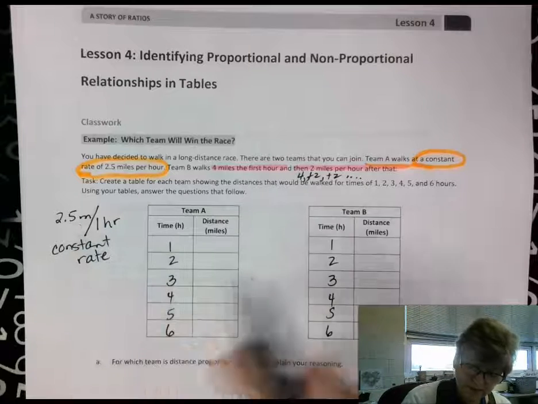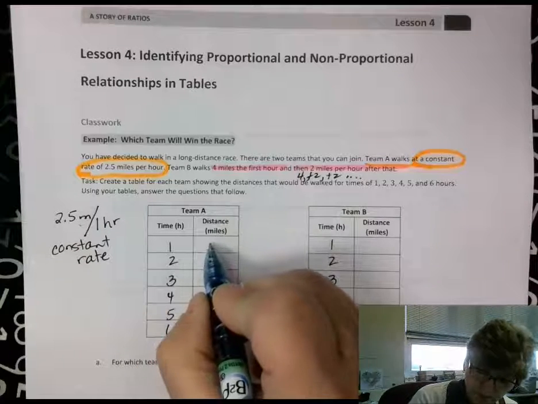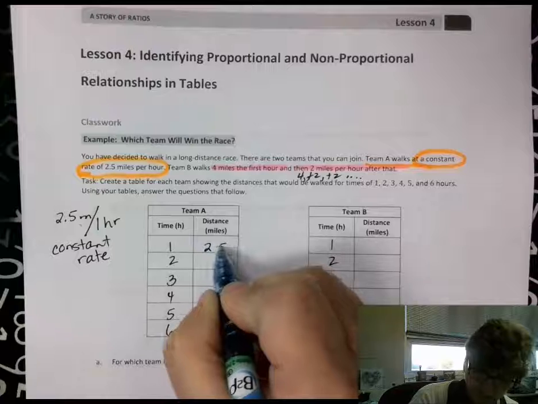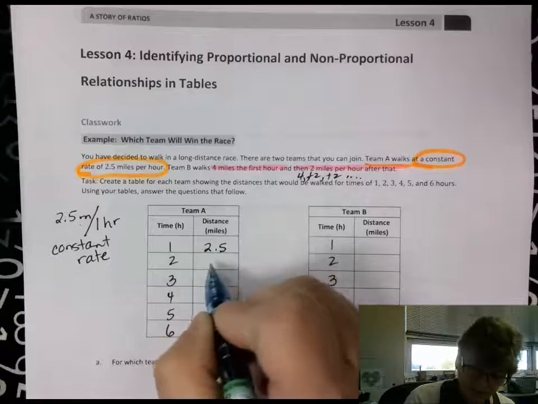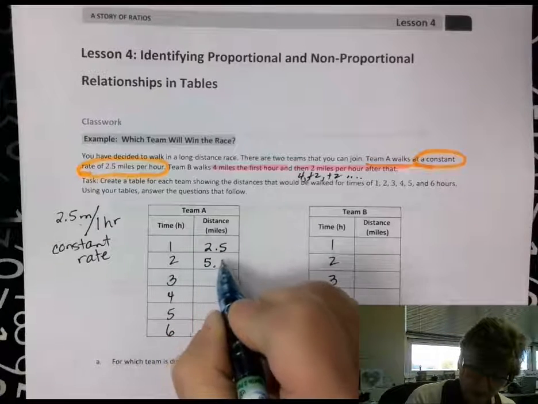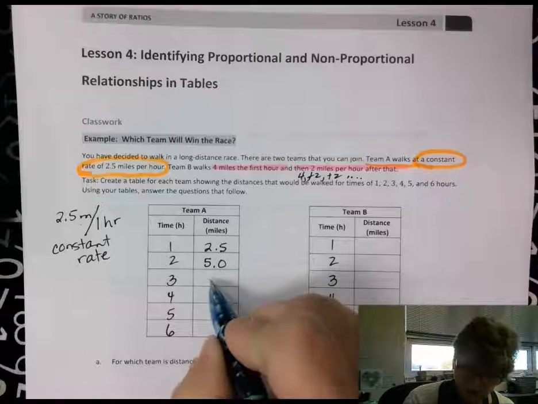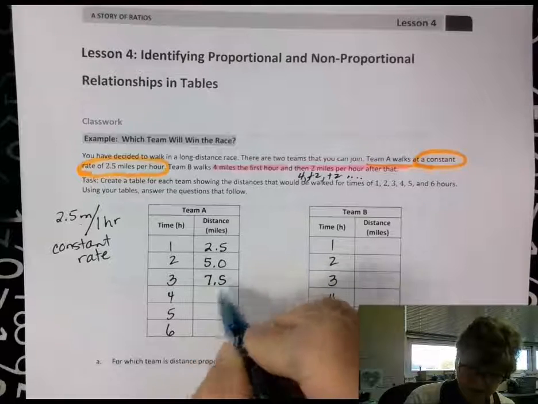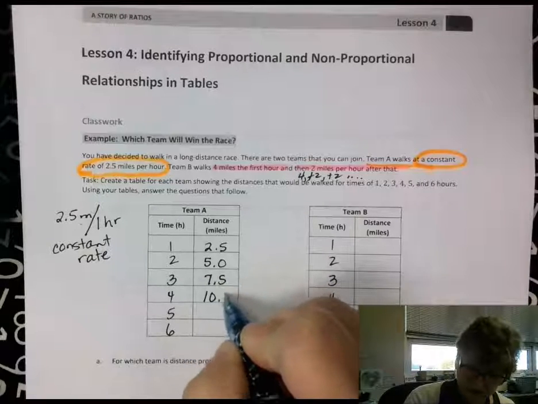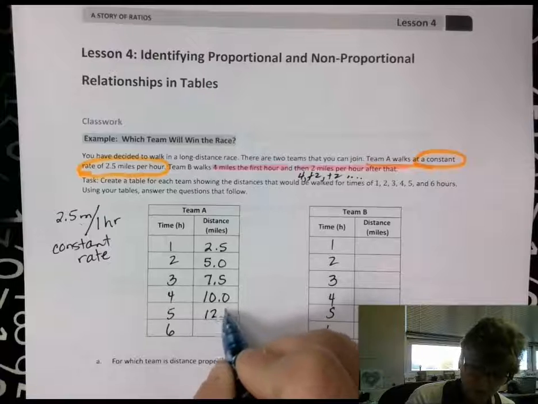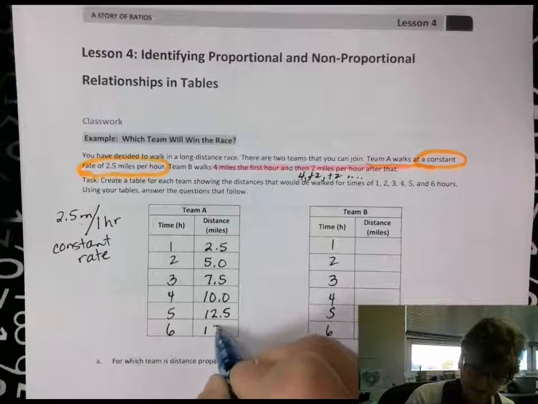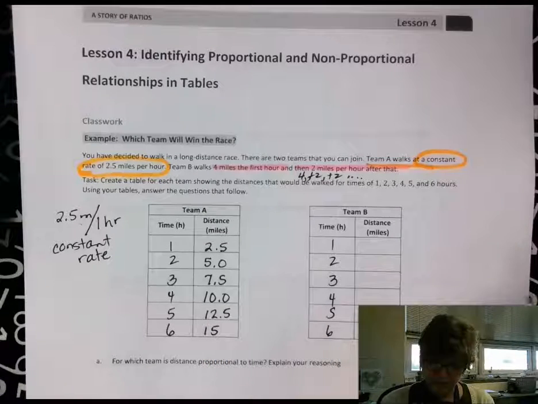So with that being said, after 1 hour, we've traveled 2.5 miles. And after 2 hours, we've traveled 5 miles, then 7.5 miles, 10 miles, 12.5 miles, and 15 miles.